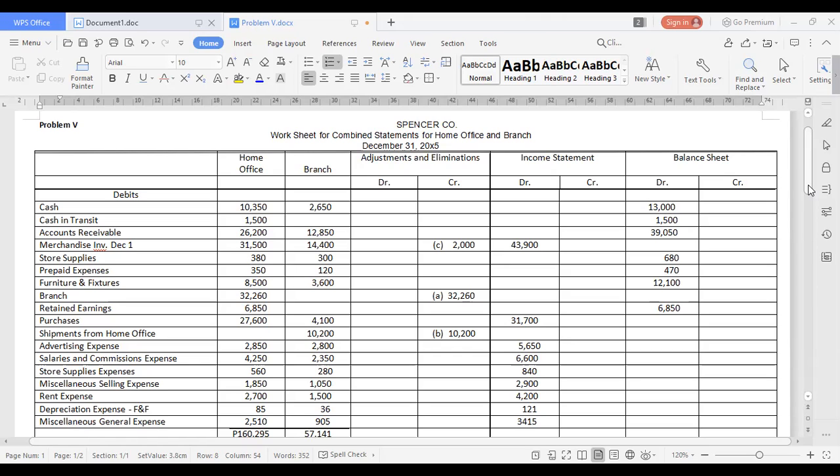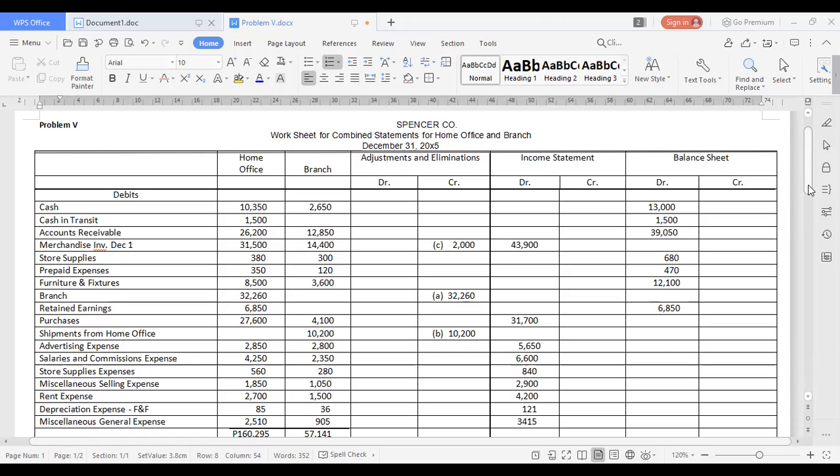Your depreciation expense is 1%. So 1% of 8,500 and 1% of the furnitures and fixtures of the home office. This time amounting to 8,500. That of the branch is 3,600.